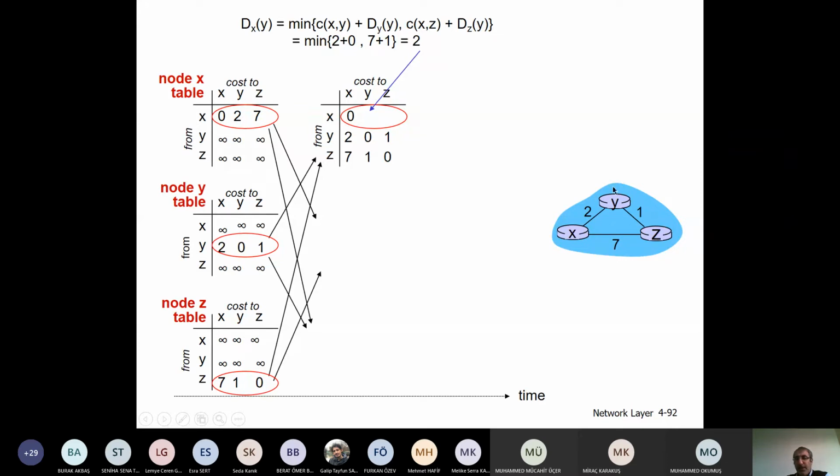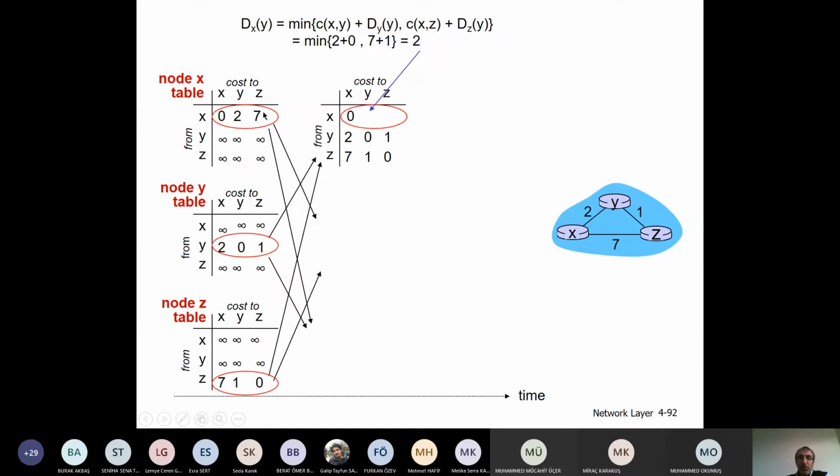I can have a direct link, and I can also reach Y through Z. That's why it's the cost from X to Z and Z to Y. Let's put the values here. The cost from X to Y is 2 and the cost from Y to Y is 0, as you can see from here. 2 plus 0 is equal to 2. And the cost from X to Z is here.